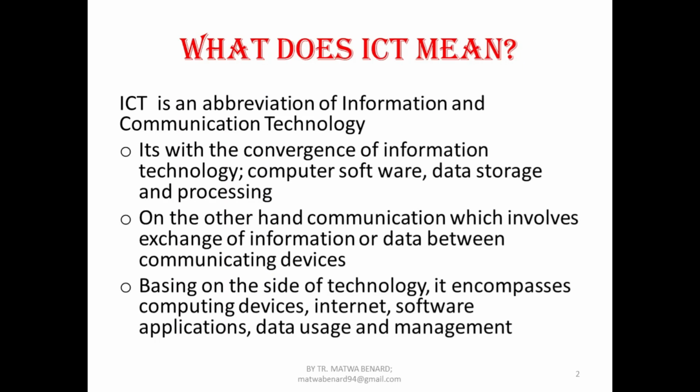Communication simply means the transfer of data or information between two communicating devices. And T is technology. It encompasses computing devices, internet, software, applications, data usage, and management. So in simple terms, technology can mean a technical know-how of doing something.